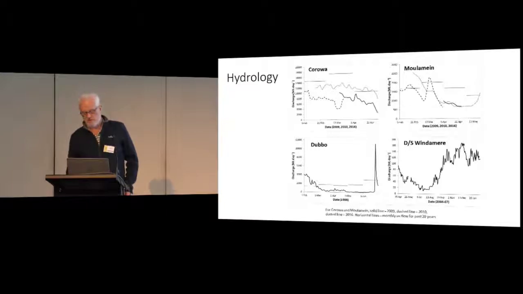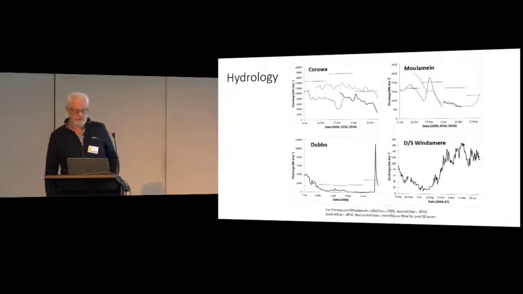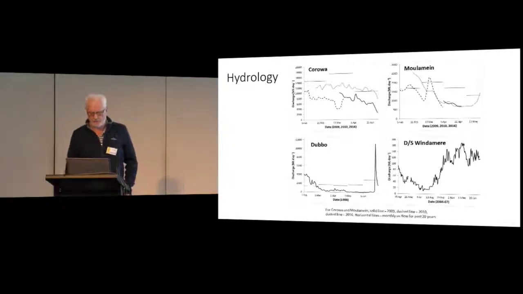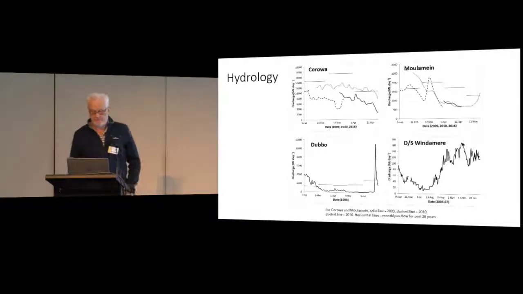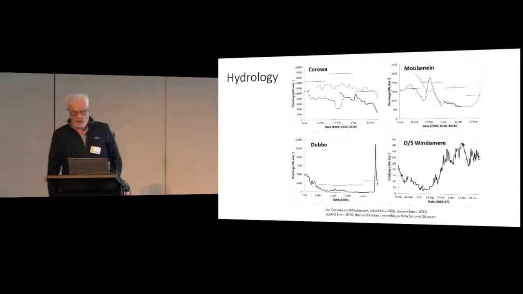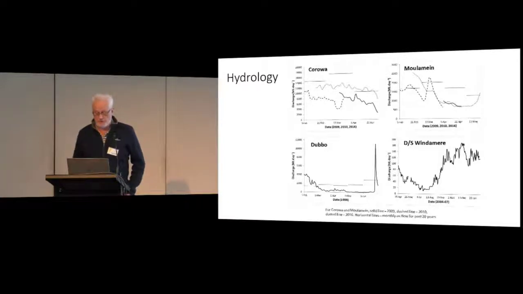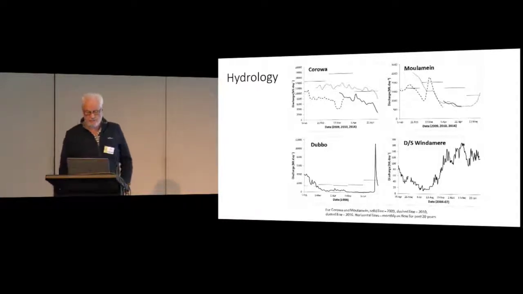So the flow in those rivers was considerably curtailed during the bloom periods, as it was in the Macquarie River during the bloom there in 1998. In Windamere, the flow is regulated by irrigation demand downstream. But also in the Hunter, the blooms were only present when it was very low flow as well.